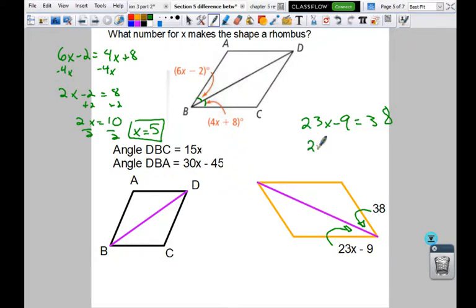And what do we get? 47. Alright, what's the last thing we do, Joseph? Divide 47 by 23. And what do we get after we divide by 23? 2.04. Everybody agree? 2.04? Alright, one last one.